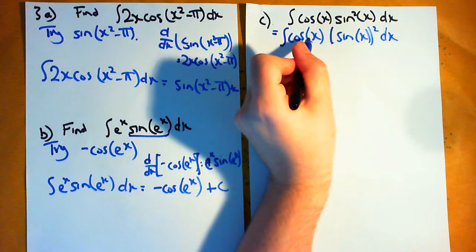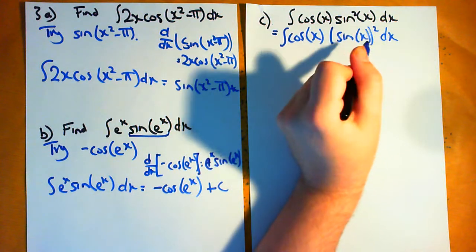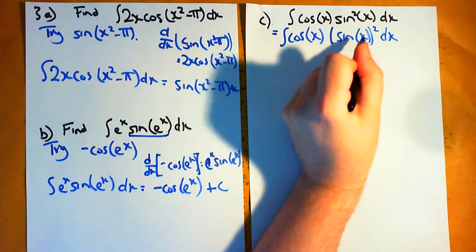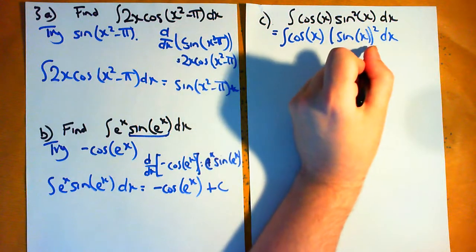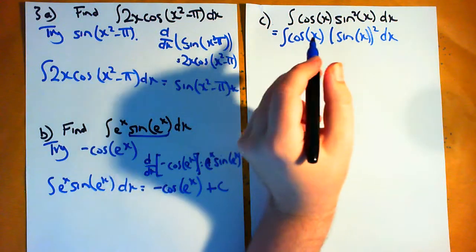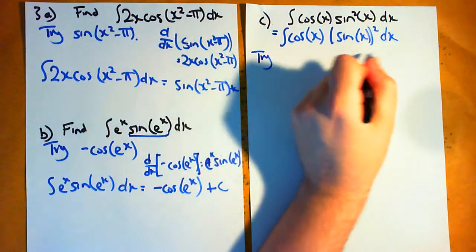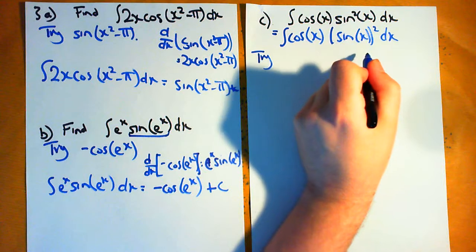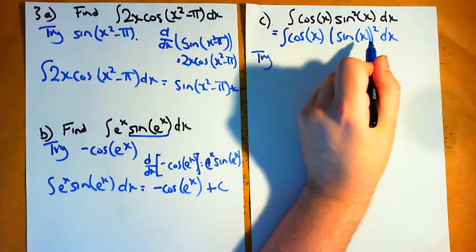Okay, so cosine is the derivative of the inside of this bracket. Now the inside function here, what would be our z, is the sine of x, and that's inside the squaring function. So the squaring function is the outer function, and we will try what happens if we integrate the outer function.